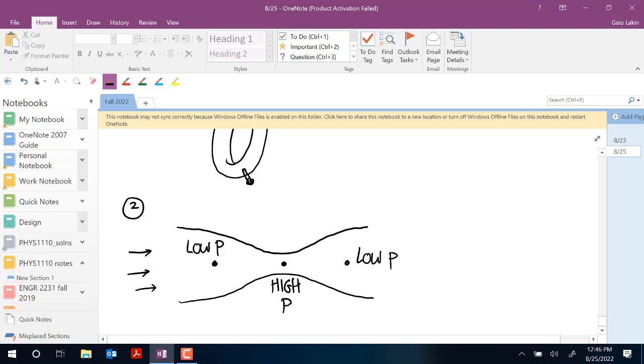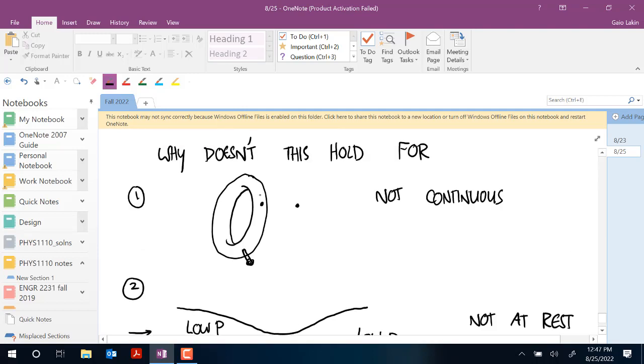They're all at the same height, but that's because this gas is not at rest. Let me write that in here too. So the idea of this inner tube one is that there's a high pressure inside the tube and a low pressure outside the tube. It's because they don't meet those requirements for this equation to hold.